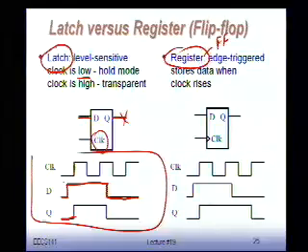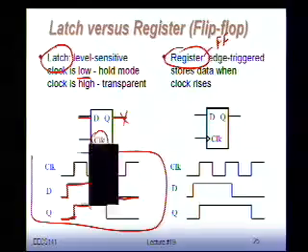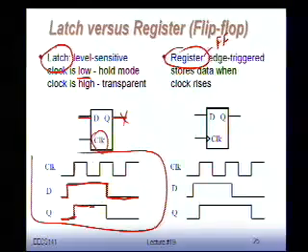At that point in time, the input D will propagate to the output, so you see that Q will go high. And then the clock goes low again, which means we're going to store and hold this value. Even though D stays high, the clock goes high again. You see, we're in transparent mode here, and once again the D input will propagate right away to the output. So it's like a gate.